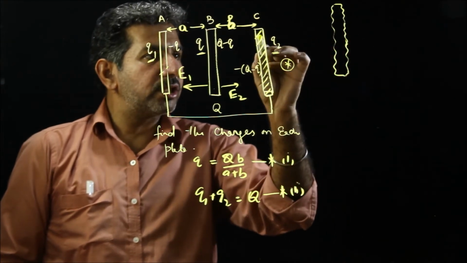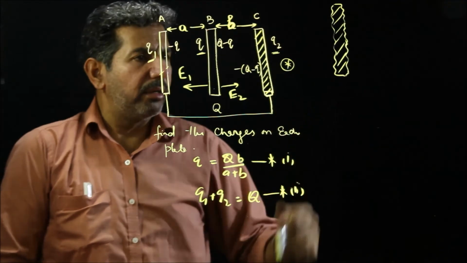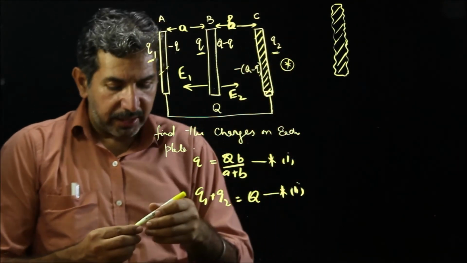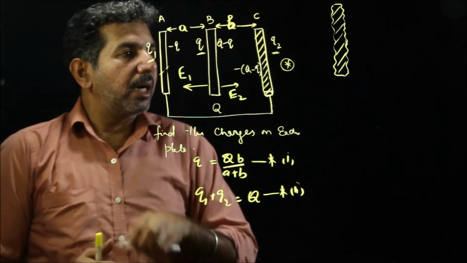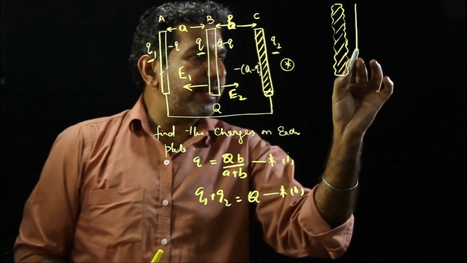This is the region, this shaded region, right? I have drawn it a little irregular to make it a little clear how exactly the electric fields are going to affect it.